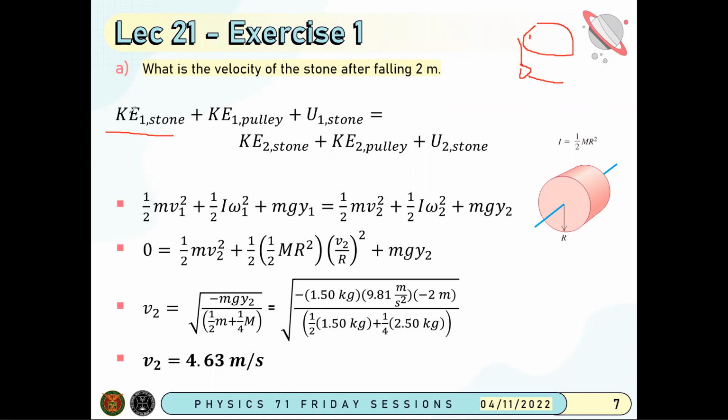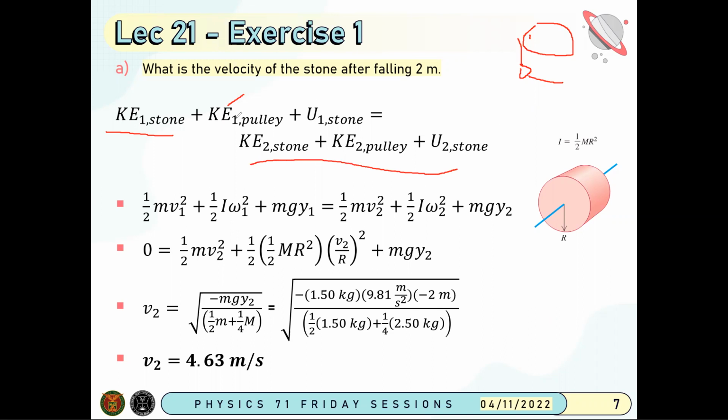So note that the stone has linear kinetic energy, but the pulley has a rotational kinetic energy. And then we have the potential energy of the stone. The pulley, we usually don't count its potential energy. Okay. And then you have this for the initial state, and this for the final state.